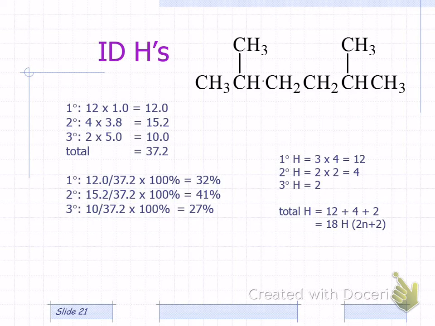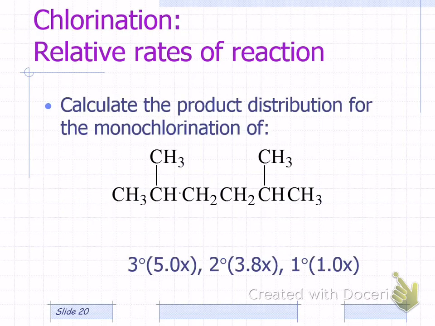Can you go back? To that one, yeah. So there are these 2 tertiaries, and then these 4 secondaries, and then there's 1, 2, 3, 4 methyl groups. So there's 12 there.